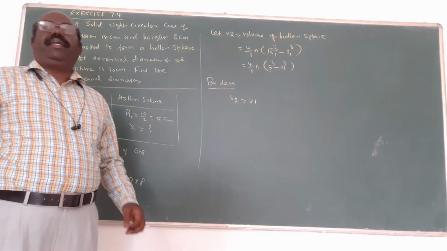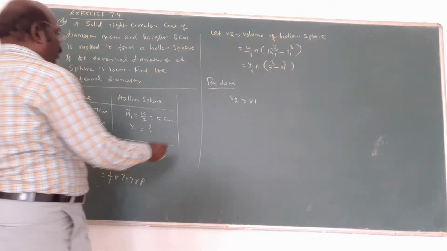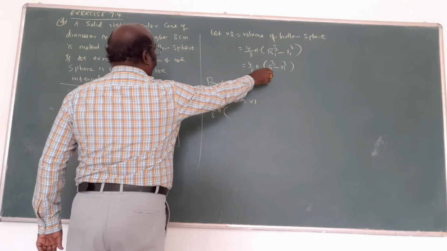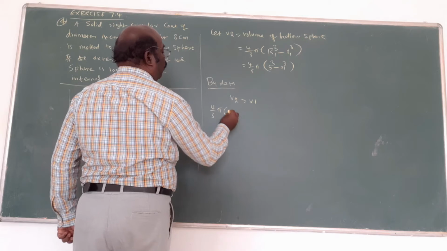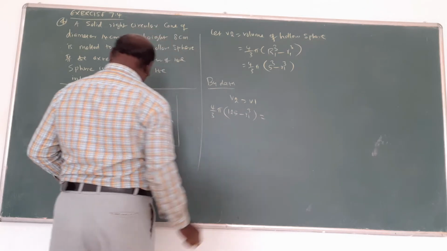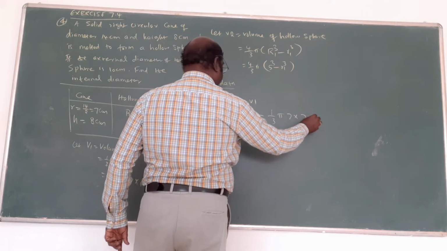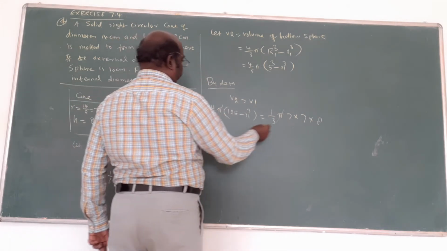Any one of the quantity, radius or height, is asked, so equate both the volumes. 4 by 3 pi, R cube, R is 5, 5 into 5 into 5, 125, minus R1 cube equal to 1 by 3 pi, 7 into 7 into 8. Alright? Pi will cancel. This 3 also cancels.